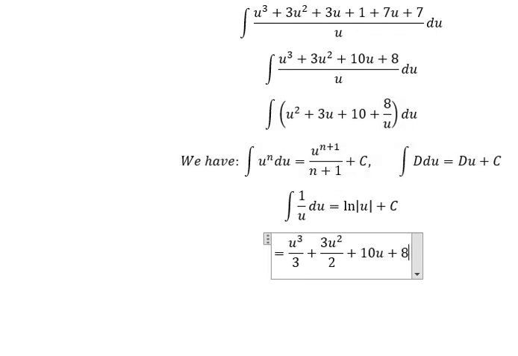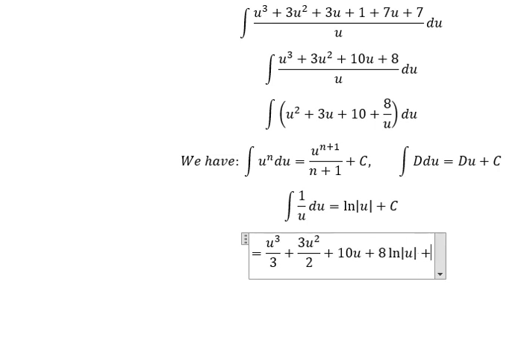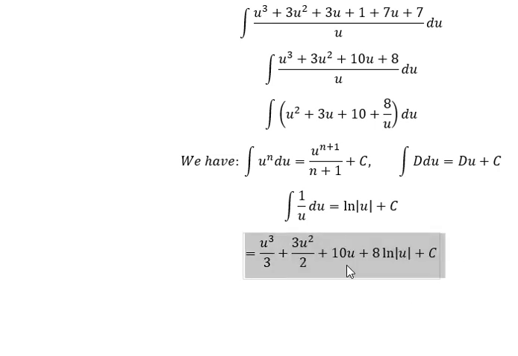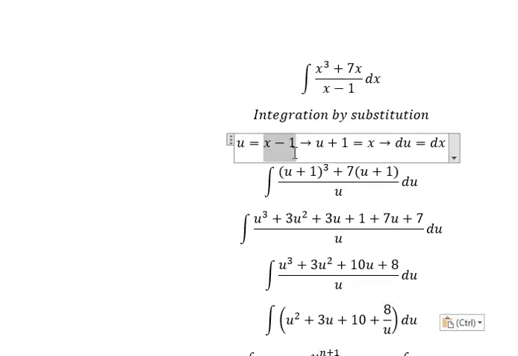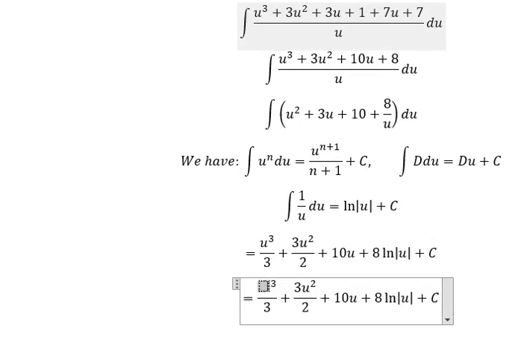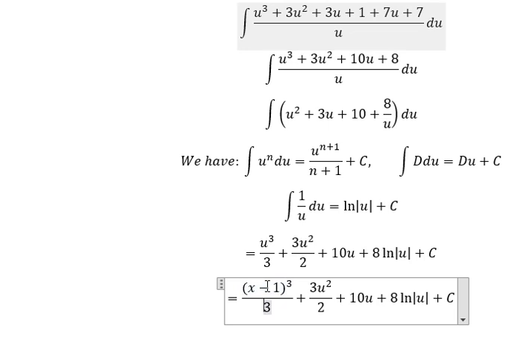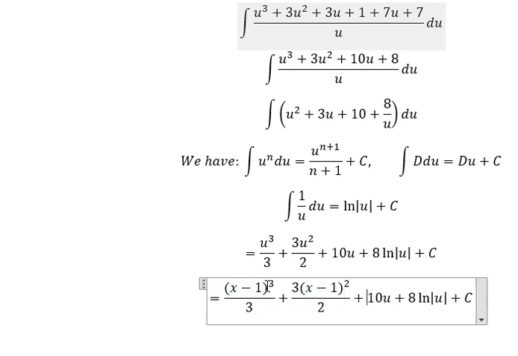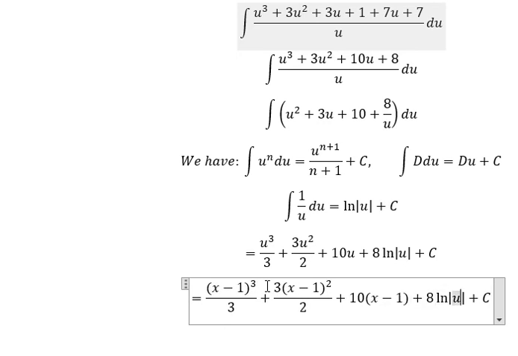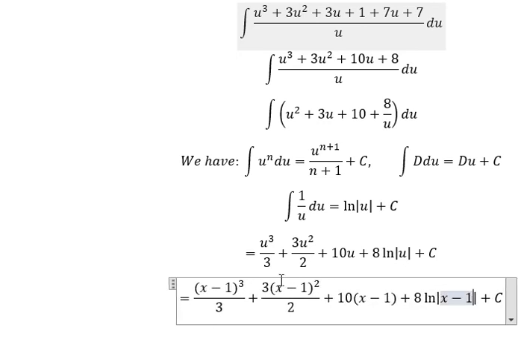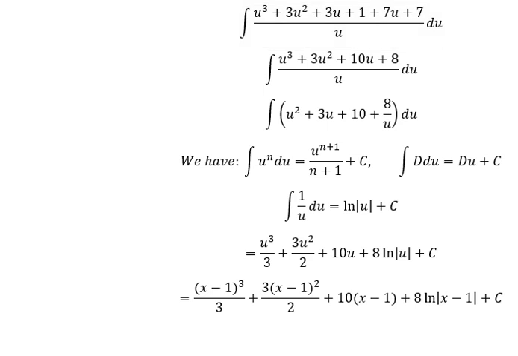And the last one is ln of the absolute value of u, and we put c. And u is x minus 1. This is the end. Thank you for watching.